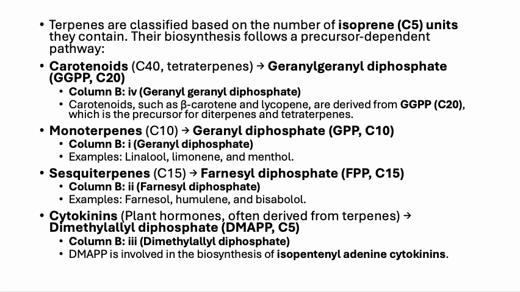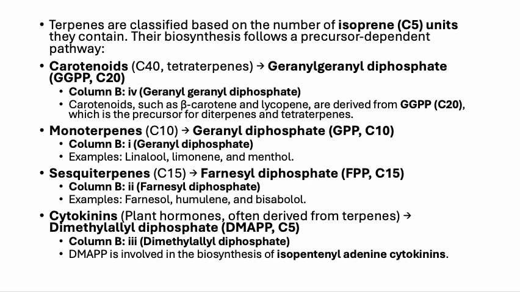Carotenoids like beta carotene and lycopene are derived from geranyl diphosphate, which is the precursor for diterpenes and tetraterpenes. And monoterpenes, which are C10, have geranyl diphosphate. Again, this will give us linalool, limonene and menthol.